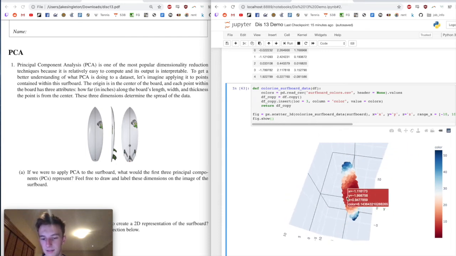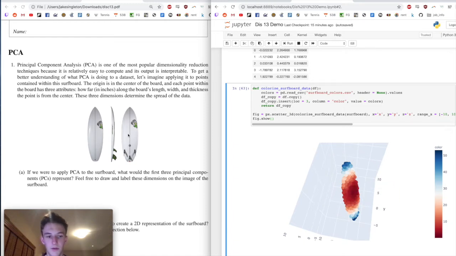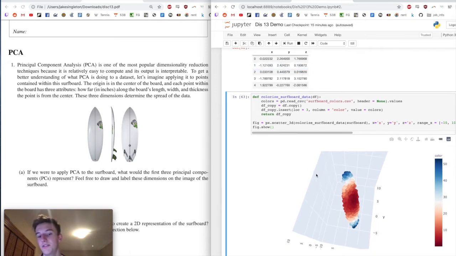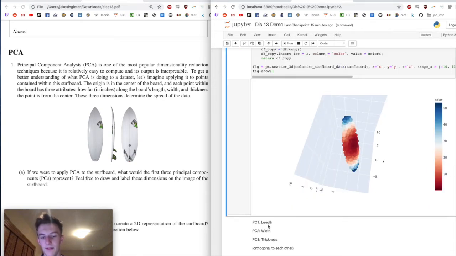This little thickness here is also orthogonal to the length and the width, and it's the direction along which the data varies the third most, or least in this case, since we only have 3 dimensions. So for part A, PC1 is the length, PC2 is the width, and PC3 is the thickness. These are all orthogonal to each other, which is important in PCA.